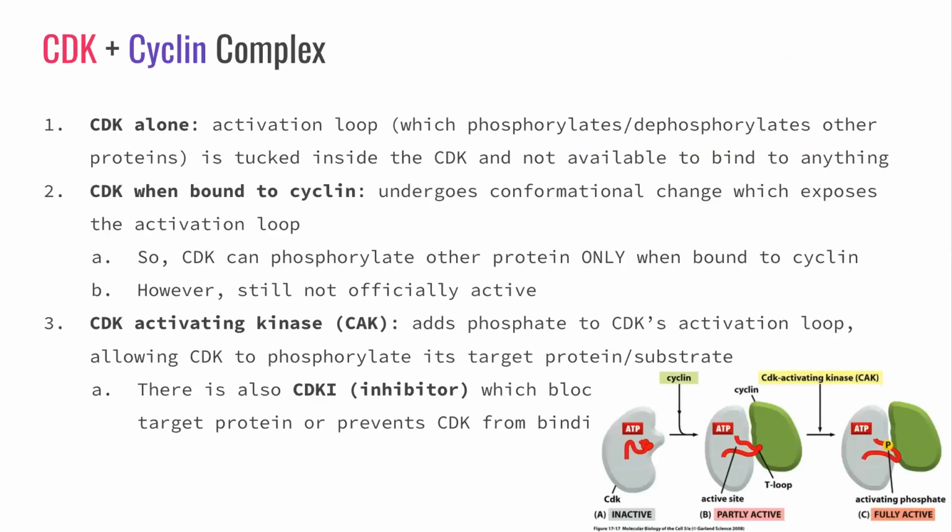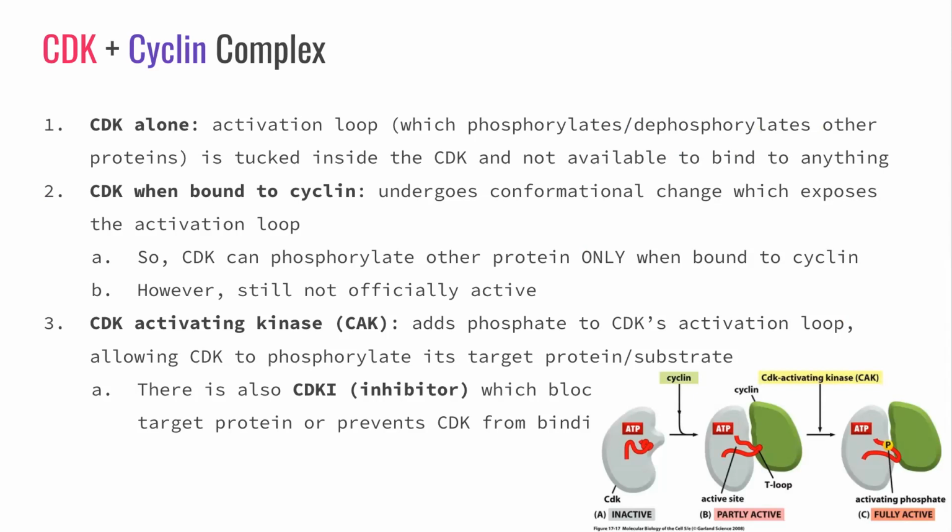Now the CDK and cyclin complex. CDK alone has an activation loop which phosphorylates other proteins. It's tucked inside the CDK and not available to bind to anything. But when cyclin comes along and binds, CDK undergoes a conformational change which exposes that activation loop, and now CDK is physically able to phosphorylate other proteins.